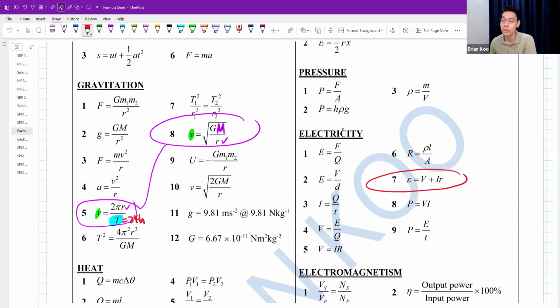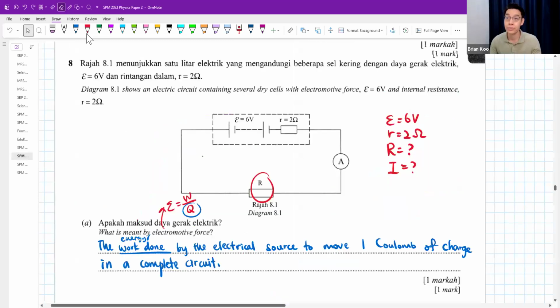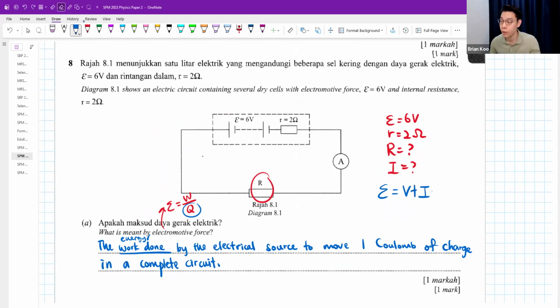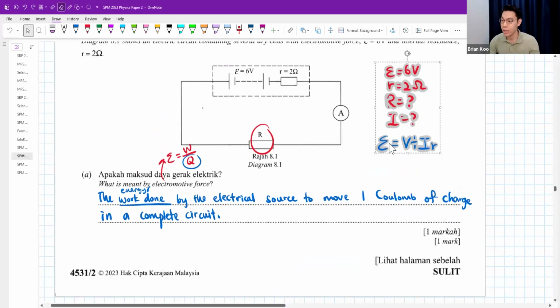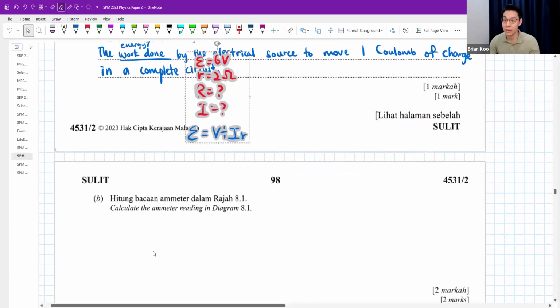Only this formula has small letter r. All the other formulas do not have small letter r. So you can use that.